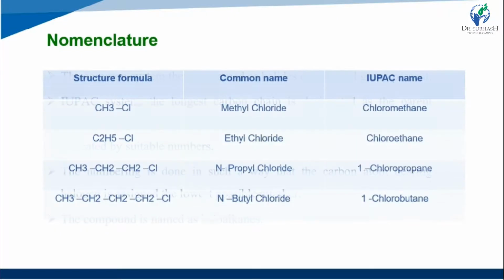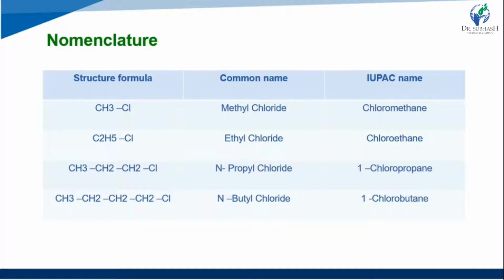Okay, so these are some examples of the alkyl halide. First, CH3Cl: as per common naming, methyl chloride, and IUPAC naming, chloromethane. Then another example, C2H5Cl: common naming ethyl chloride, and IUPAC naming chloroethane.